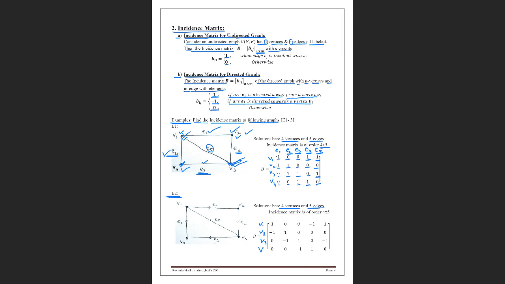And edges right here, E1, E2, E3, E4, and E5. Okay. Now look.